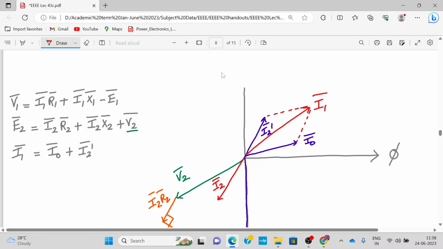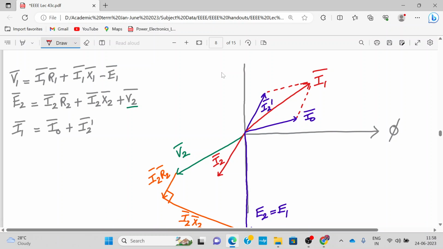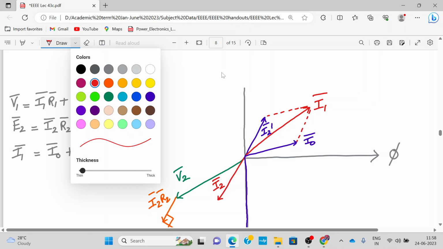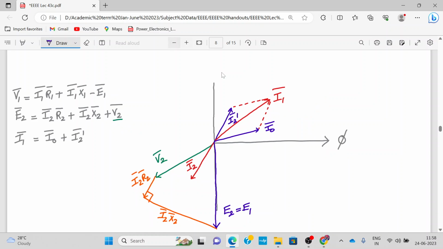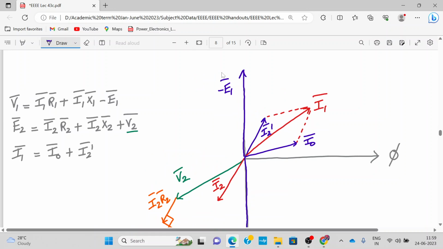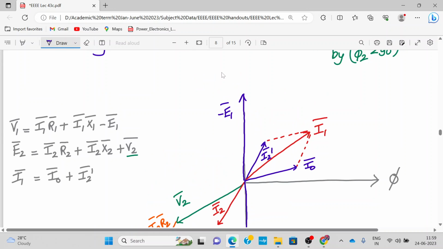Alright, and now we have to draw minus E1. So we draw this much length and then opposite. Okay, so if this is E1, this will be minus E1. Now to this, I have to add I1 R1.